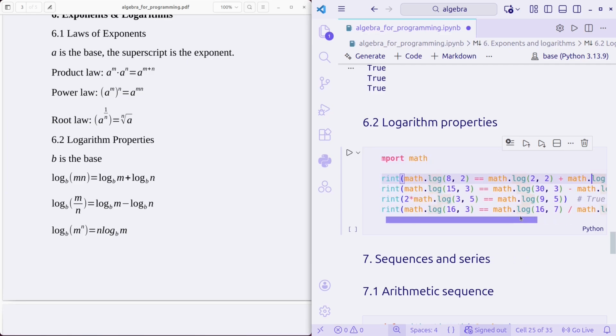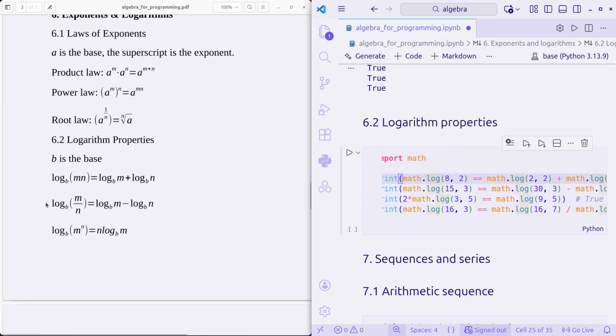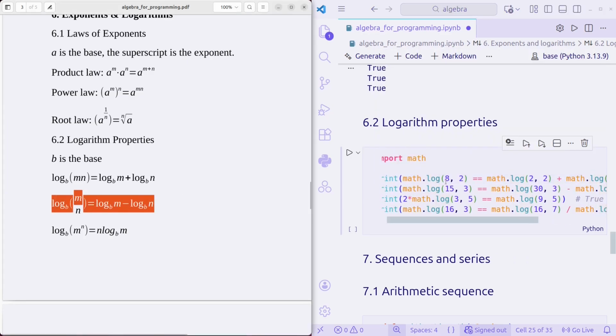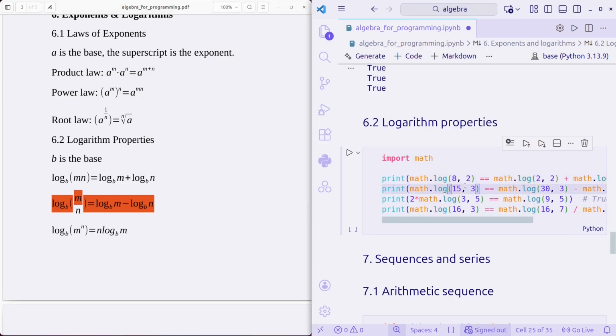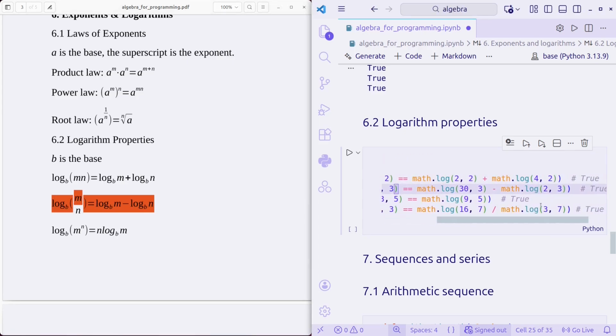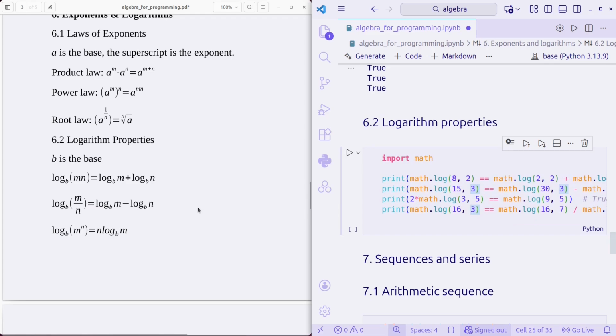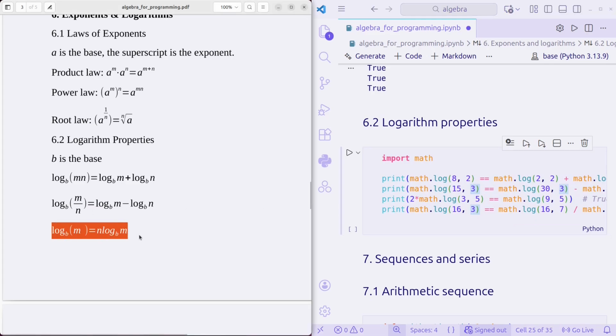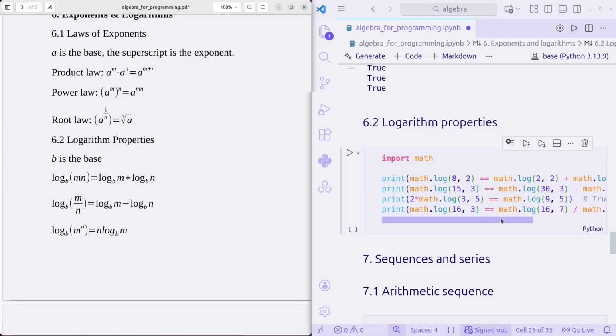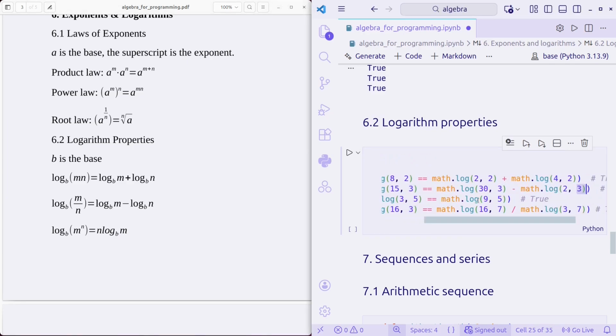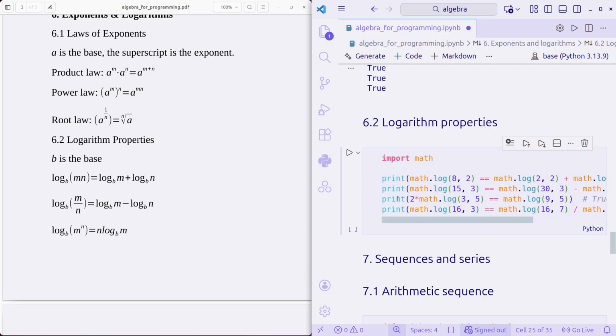And here I'm able to verify the second law of the logarithm. Log of 15 with base 3 should be equal to the log of 30 with base 3 minus the log of 2 with base 3. And for the third law here, 2 times log 3 with base 5 should be equal to log of 9 with base 5. So here, 3 to the power of 2 is just 9.